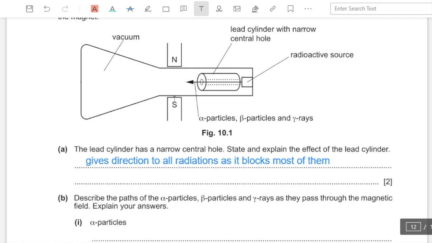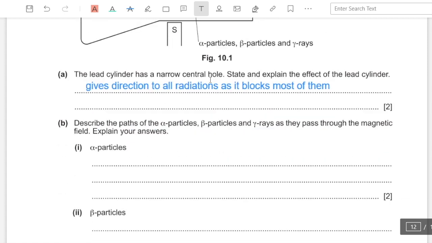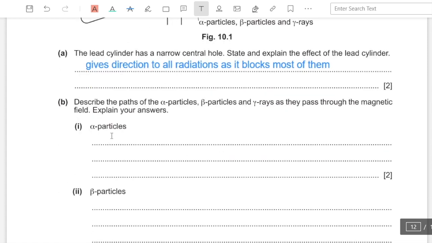And that should mean your thumb would be, if you're using it the right way, pointing towards you. And so that means the deflection of alpha particles is going to be out of the page or towards yourself, because alpha particles over here are equal to the conventional current.